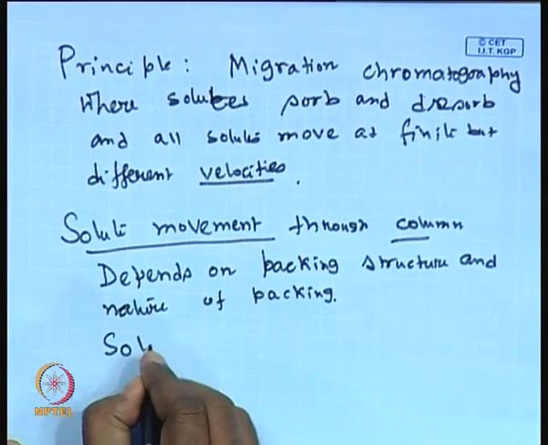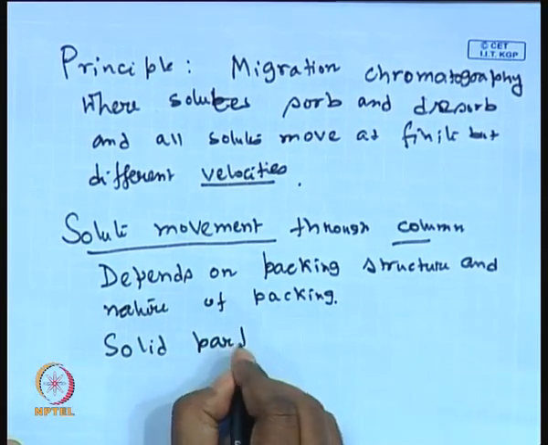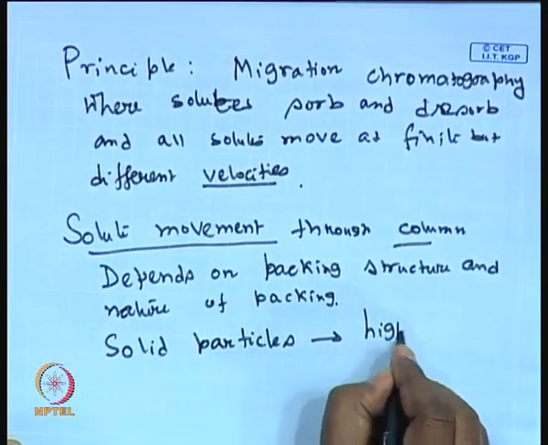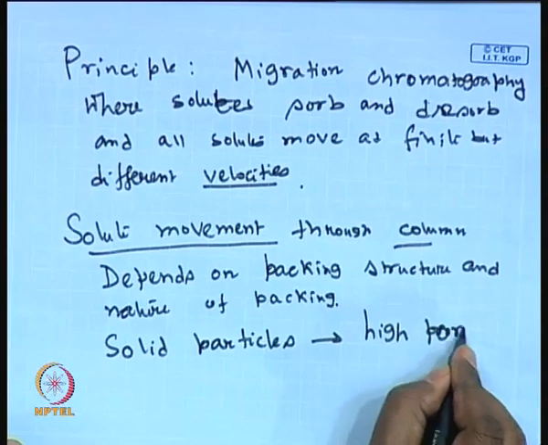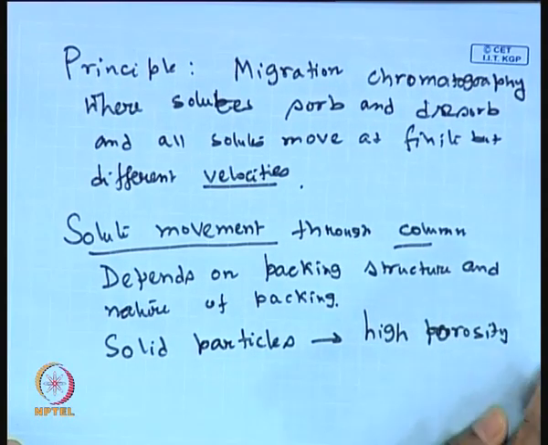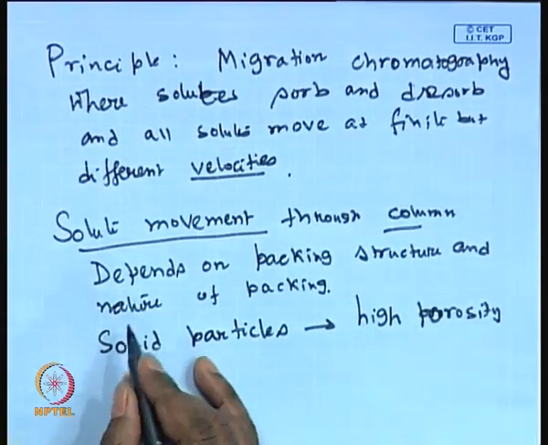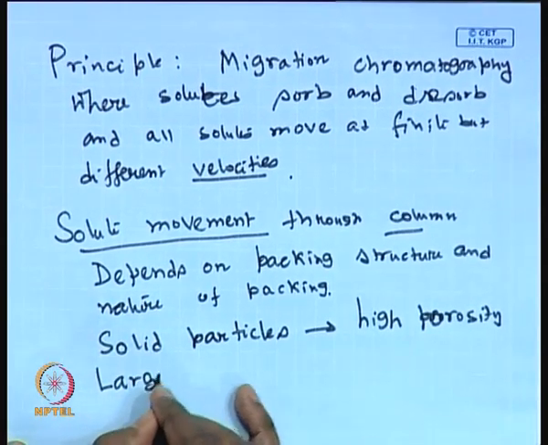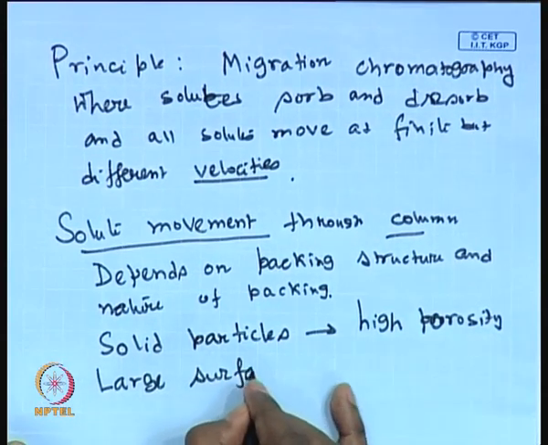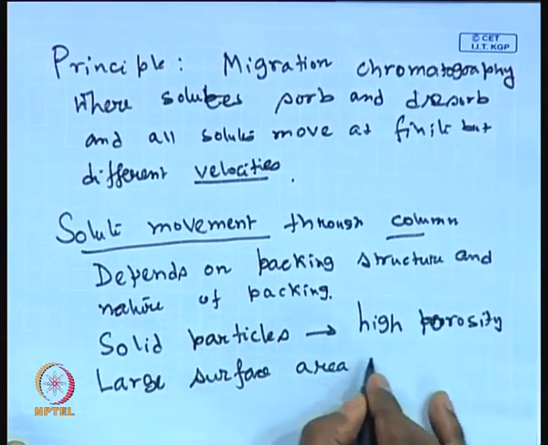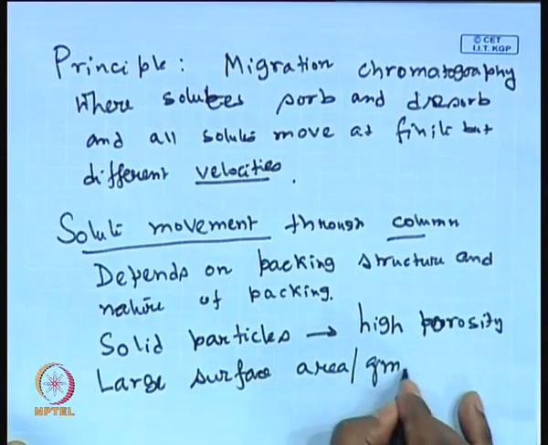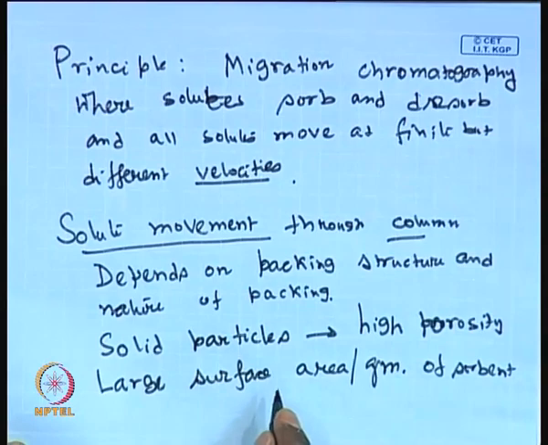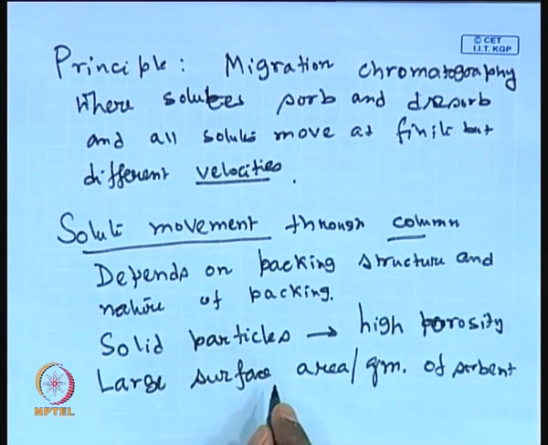That means, the solid particles present in the column must have high porosity. They should have large surface area per gram of the sorbent. This is a typical characteristic, large surface area per gram of sorbent, so that their adsorption capacity will be more.